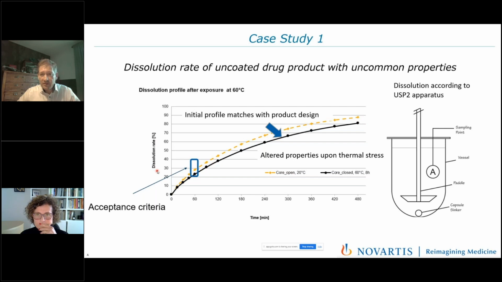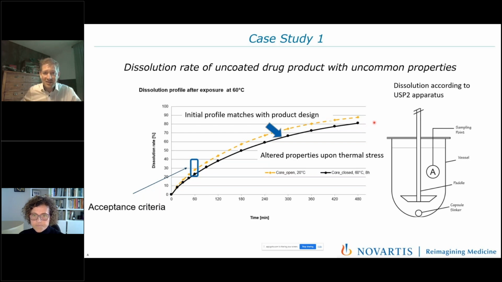And everything went well during the clinical trials until we identified that some of the batches were showing altered properties when the drug product was exposed to thermal stress. This is depicted by the dissolution profiles that we are collecting with a black trace. One may ask, why 60 degrees?